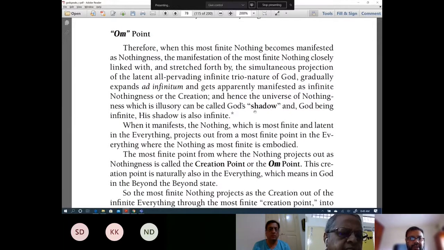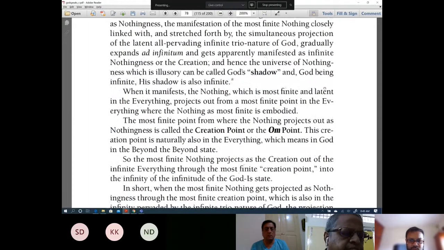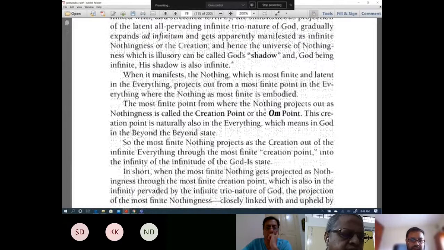And God, being infinite, his shadow is also infinite. When it manifests, the nothing, which is most finite and latent in the everything, projects out from a most finite point in the everything where the nothing as most finite is embodied. The most finite point from where the nothing projects out as nothingness is called the creation point or the Om point.